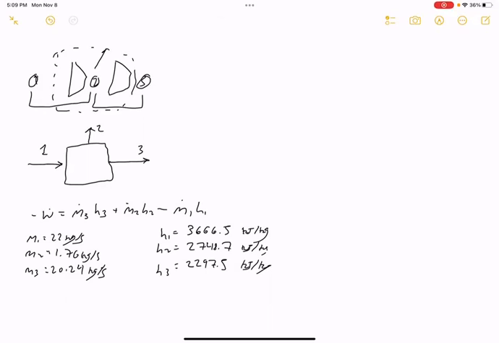I'm getting negative W equals negative 29,323. Multiplying by negative 1, I'm getting W equals 29,323.88 kilowatts, which means 29.3-ish megawatts. And that's how we do that.